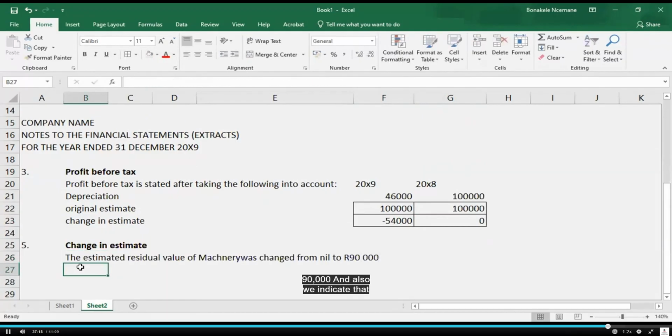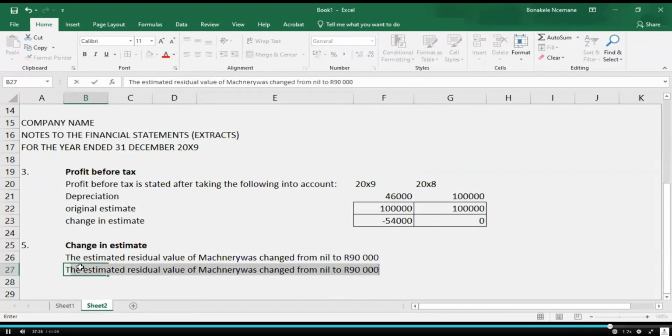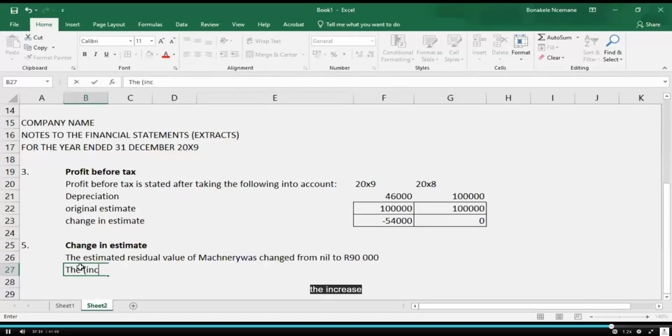And also, we indicate the increase, putting the increase in brackets, because the increase in profits has a credit effect, and the decrease has a debit impact.